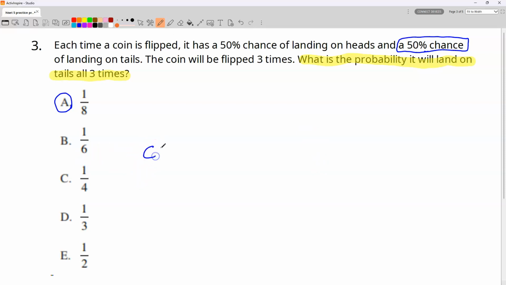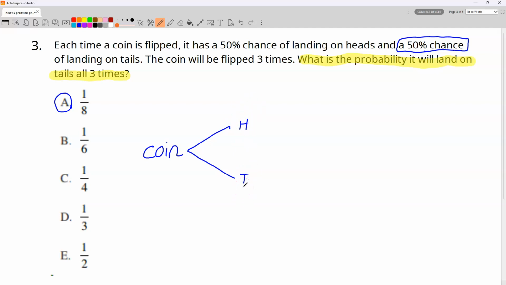So we have some coin, and I'm going to be flipping it. The first time I flip it, I'll just make a little tree like this. I have a 50-50 chance it's either going to land on heads or tails.